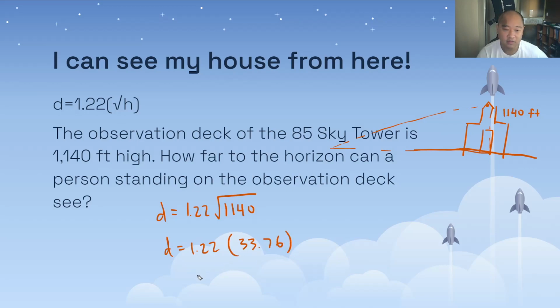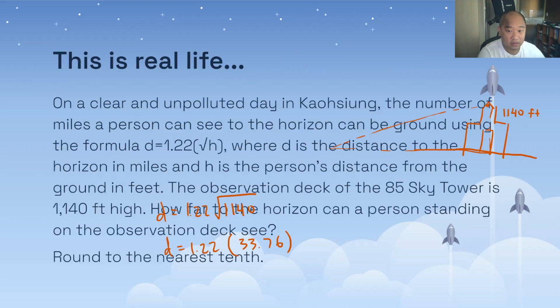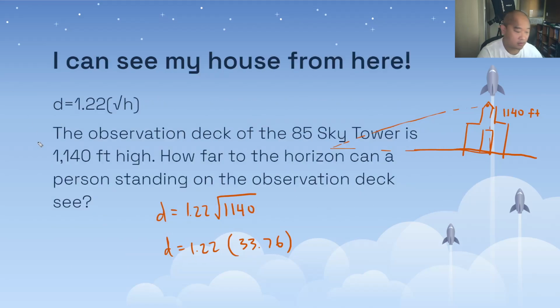So you multiply these two together, and we're going to round to the nearest tenth. The nearest tenth times 1.22 is 41.191.